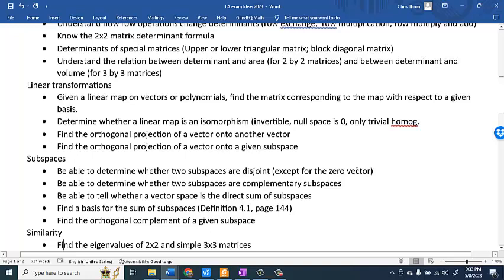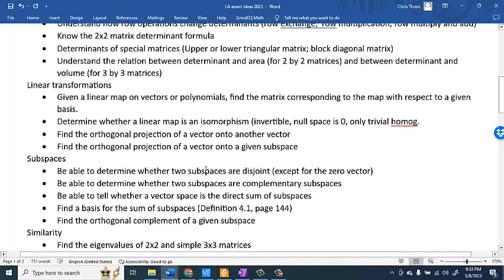If you have two subspaces, you can get a basis for each subspace and concatenate those two bases together. If they're linearly independent, then the two subspaces are disjoint except for the zero vector, because there's no relationship that relates a vector in one subspace as a linear combination of the vectors in the other subspace.